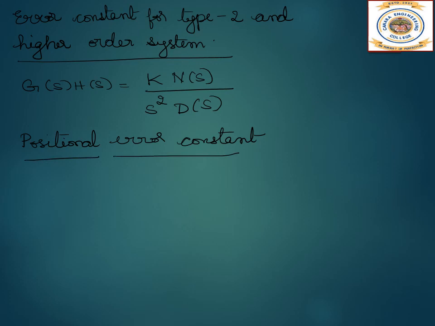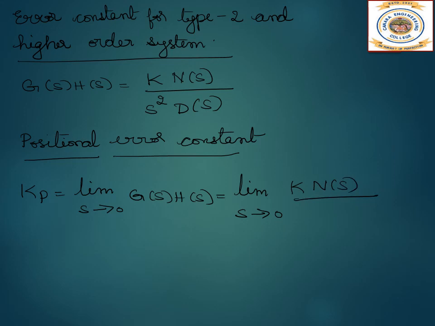So we have here Kp is equal to limit s tends to 0 G of s H of s is equal to limit s tends to 0 K, the transfer function, s square in the denominator.